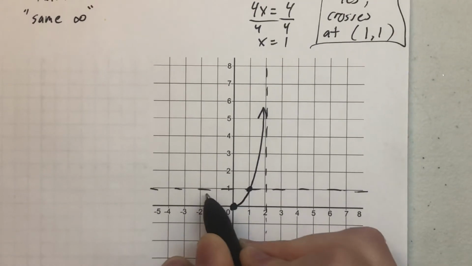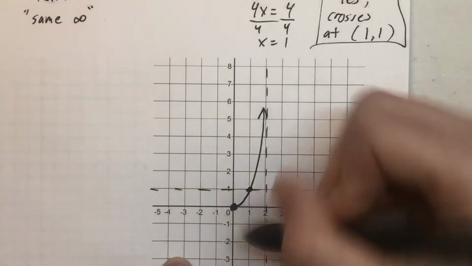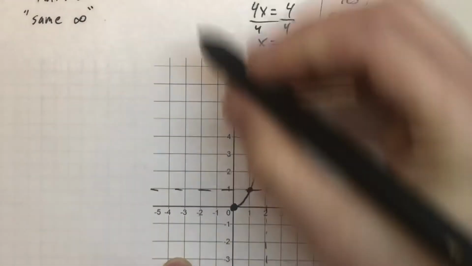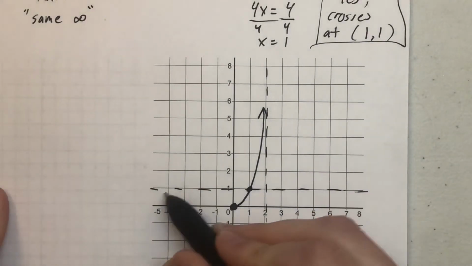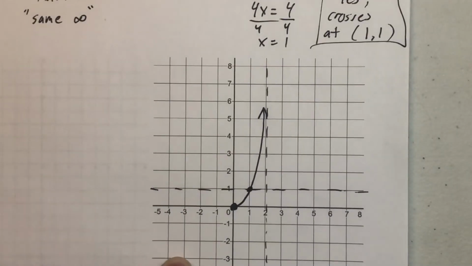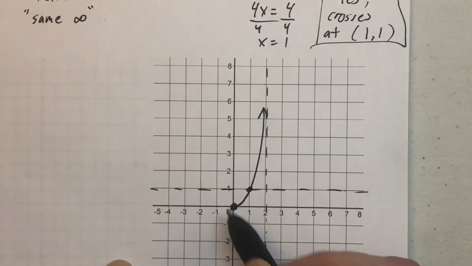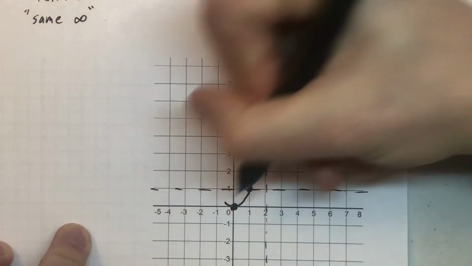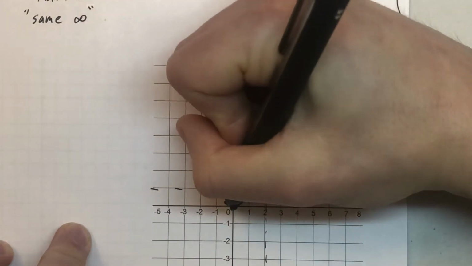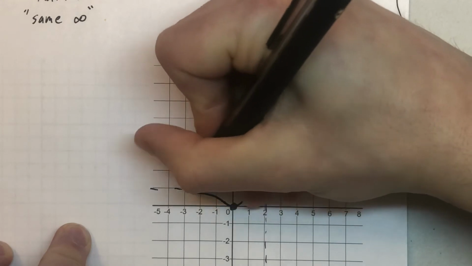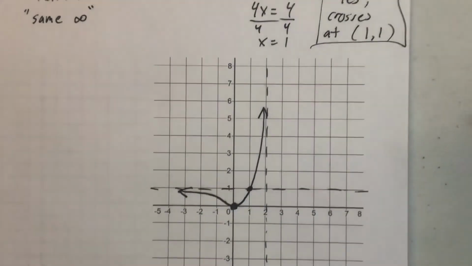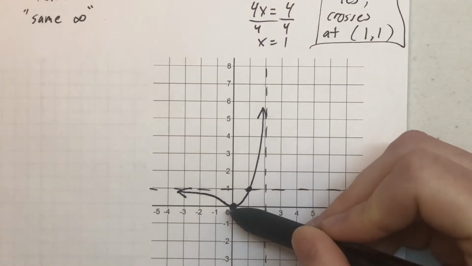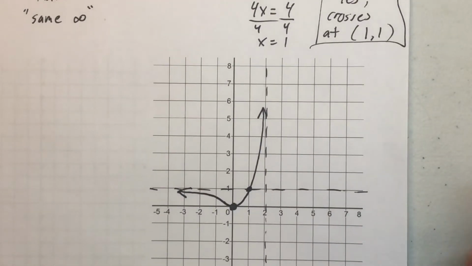We would have found that information, and we don't have it. And also, it would not have this kind of end behavior, because we need to have the end behavior of this horizontal asymptote. It needs to be asymptoting as we go off to the left. So what actually happens is it does bounce off. It stays above the x-axis, but it very quickly just flattens out and asymptotes to that horizontal line as it goes off to negative infinity.